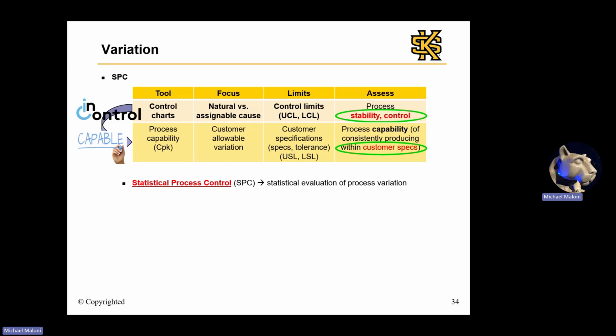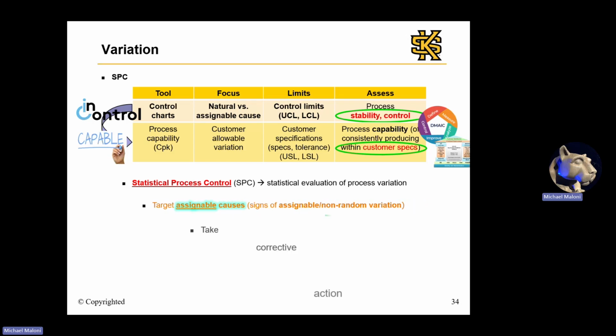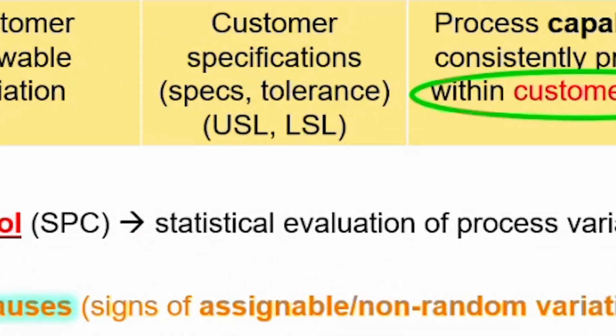And if it's not, we can again turn to Lean and/or Six Sigma. And we'd look for assignable cause and ideally address or eliminate issues before defects are produced. So SPC does not just measure quality, it's a proactive approach to reduce defects.